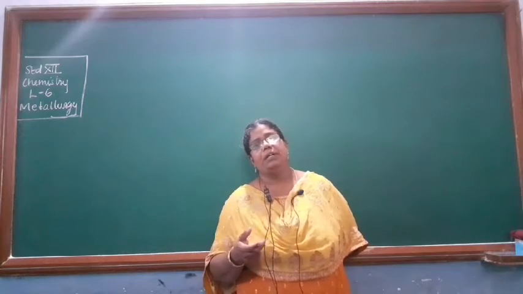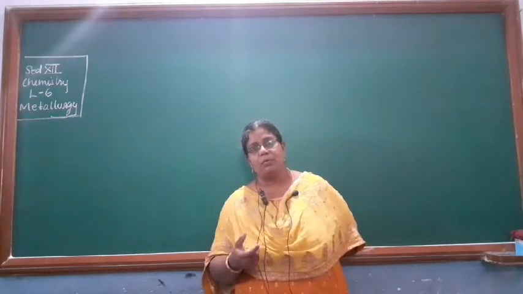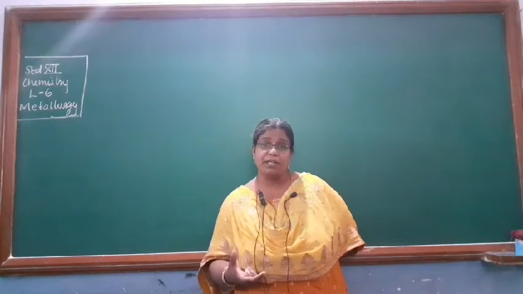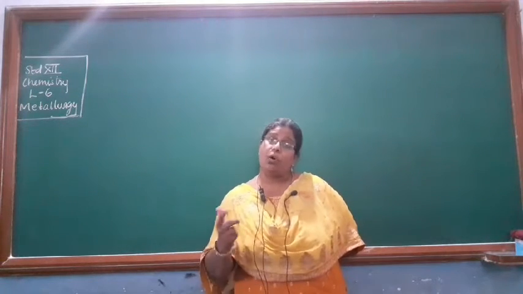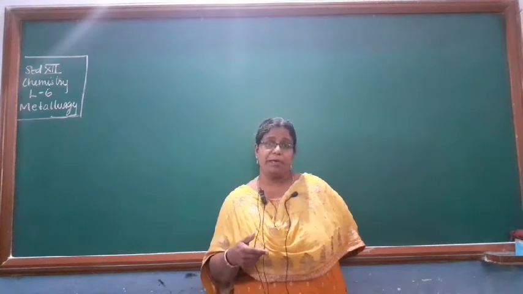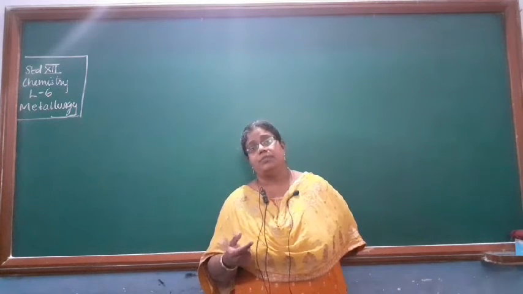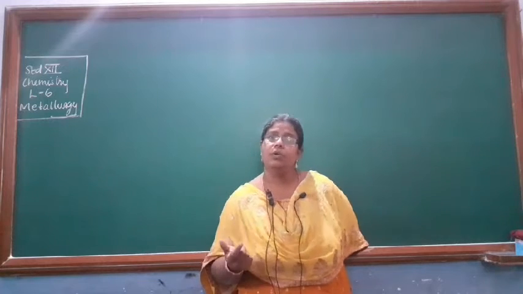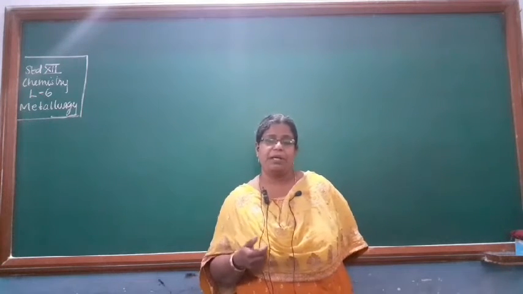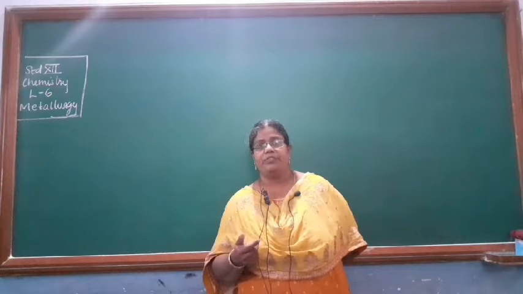Copper, again, you have copper carbonate, copper sulphate, copper oxide, copper sulphide, copper pyrite. Okay, copper pyrite, when I say, has the formula CuFeS2. It is in the sulphide form.